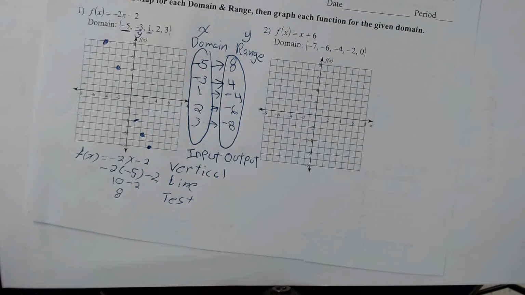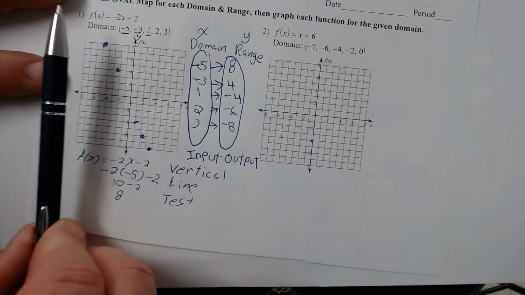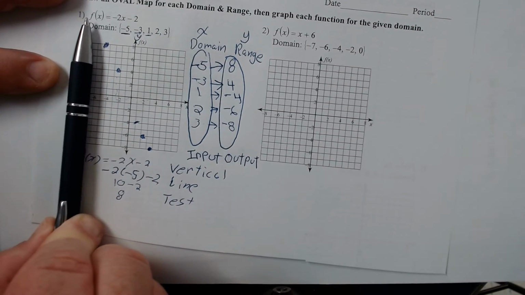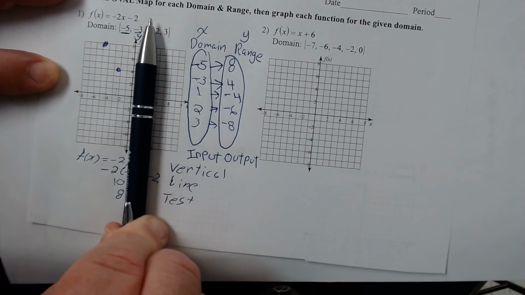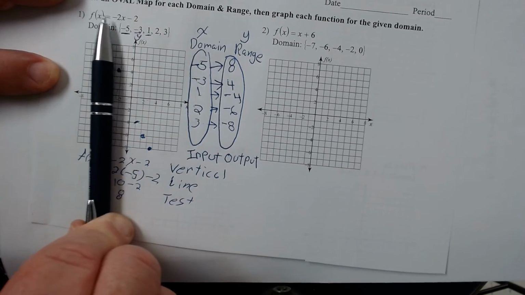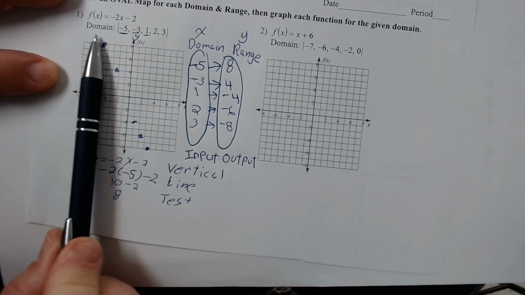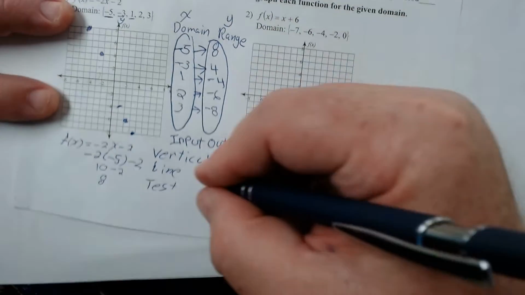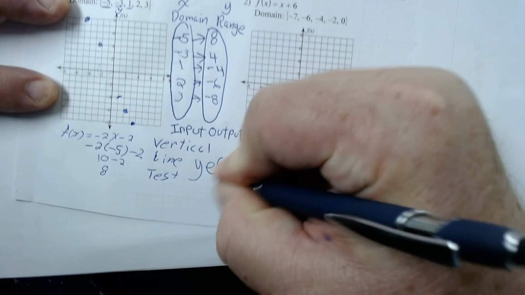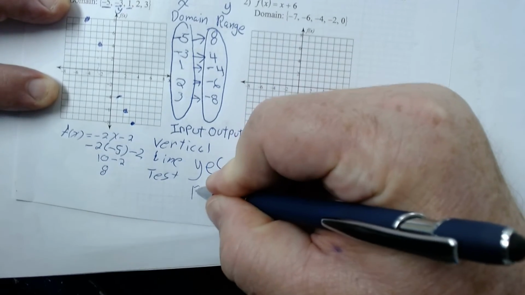If it does not, then it's just a relation. And then you simply take something straight like a pencil and you go from left to right vertically. And if that vertical line only hits one point at a time, it passes. So yes, it does. It passes the vertical line test, so we can say yes, it is a function.